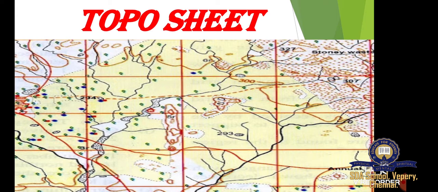Green color is used to show forested and wooded areas, orchards, trees and shrubs. Black color is used to show all names, boundaries, railways, telephone and telegraph lines, parallels and meridians, surveyed trees and heights.